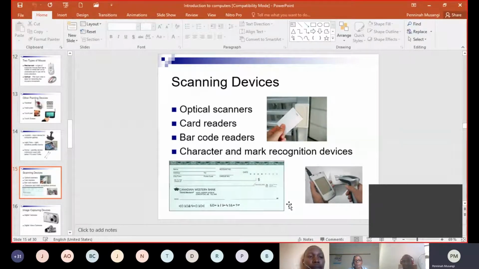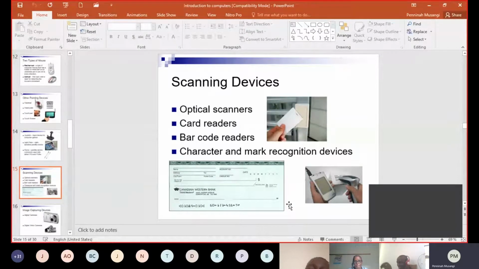We have barcode readers. These are many. In hospitals, every asset is barcoded. In a pharmacy, the drugs are barcoded, and each barcode contains some details about that drug.